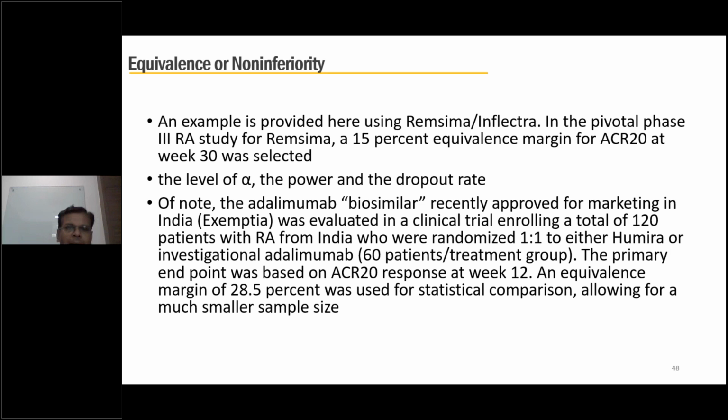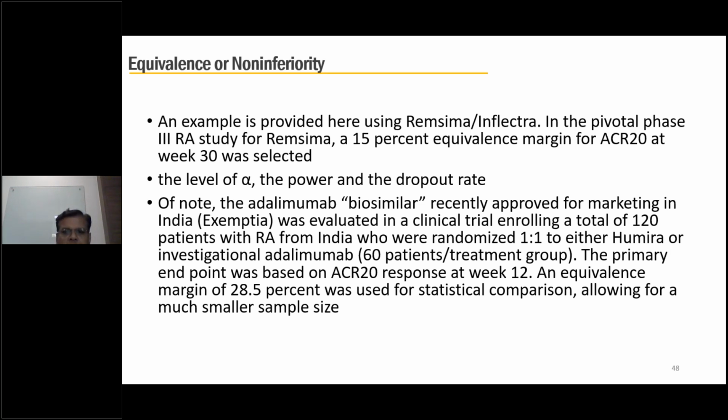But then the similar study on adalimumab, the brand was Exemptia, from Zydus. They did the same study evaluating the clinical trial. They enrolled only 120 patients with rheumatoid arthritis, all from India, randomized either to Humira, the innovator, or to adalimumab from Zydus.